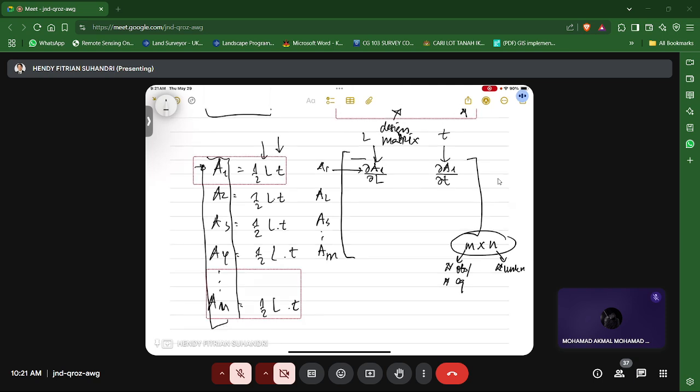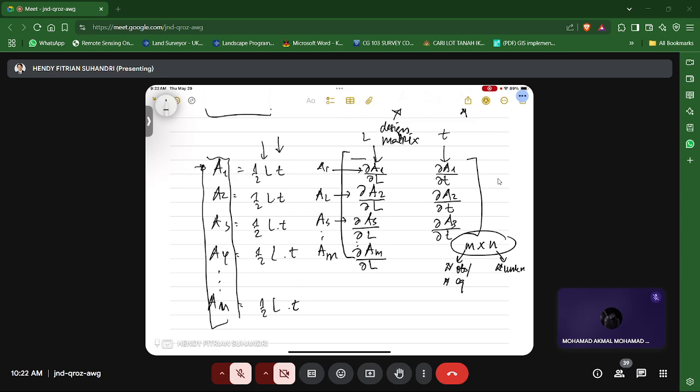So for the second equation, there's a partial derivative of a2 with respect to L, and here also a2 with respect to T. Also here the same, a3 with respect to L, and a3 with respect to T. And so on until the last equation would be the partial derivative of am with respect to L and dou am with respect to dou T.